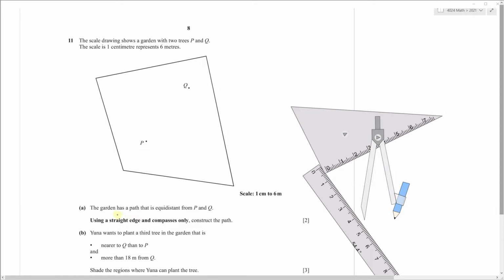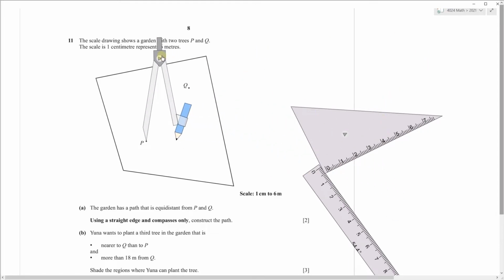So now you have to basically draw the perpendicular bisector of this line PQ. It will be something like this. So all the points on that line will be equidistant from both these points P and Q. So to draw the perpendicular bisector of line PQ, I will open up my compass more than half the length of PQ.